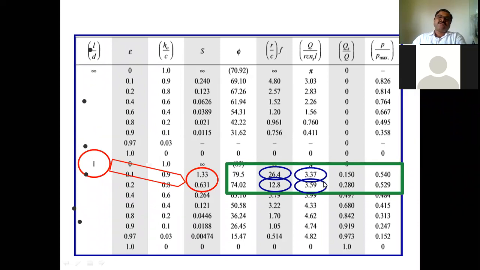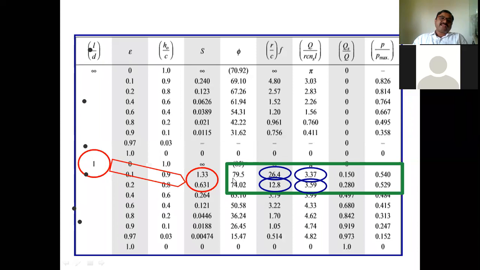That means we have to do linear interpolation for all these dimensionless performance parameters. Now let us see L by D equal to 1, and how to carry out this linear interpolation; I will explain here.